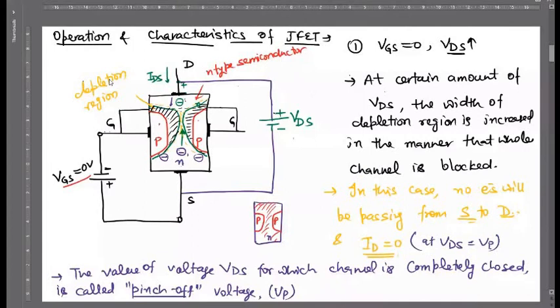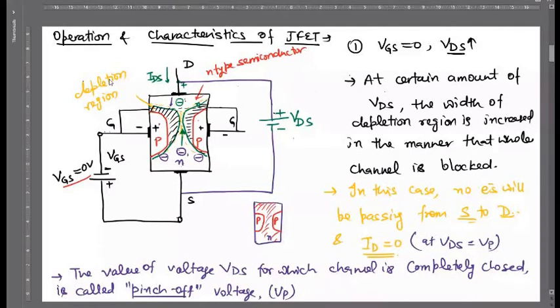So you see what is happening exactly. Applied negative voltage here. This is P-type diffusions, P-type gate. So what happens at the P-type gate if we apply negative terminal? It will create the reverse bias condition at the gate terminal. So this gate junction is reverse biased.